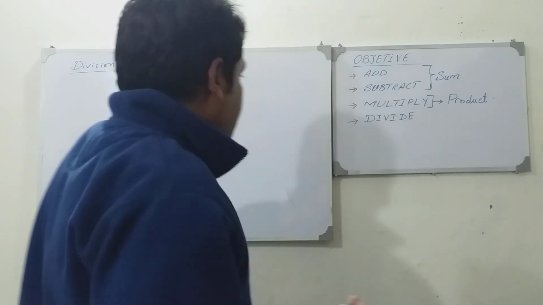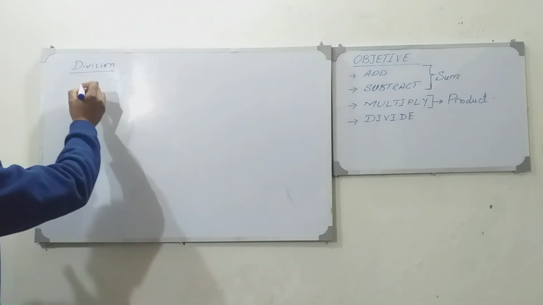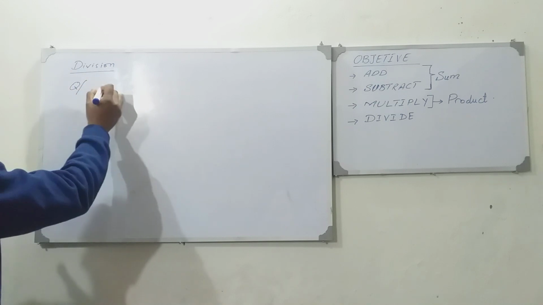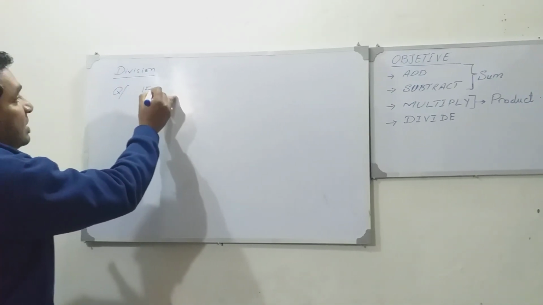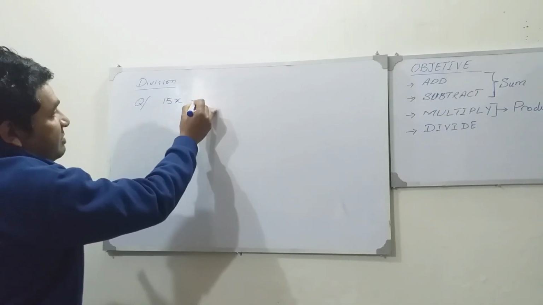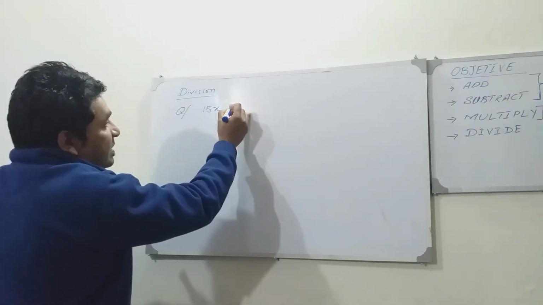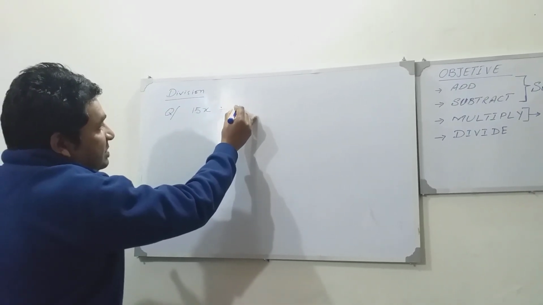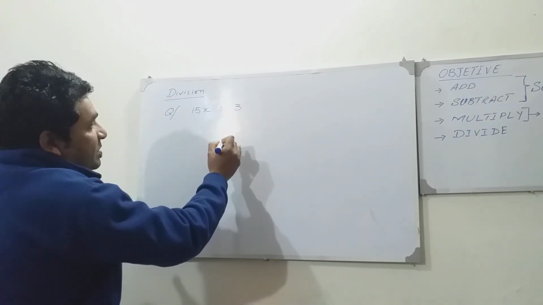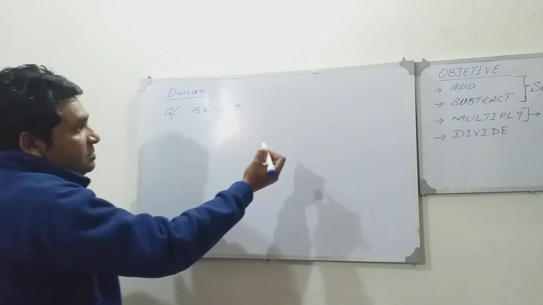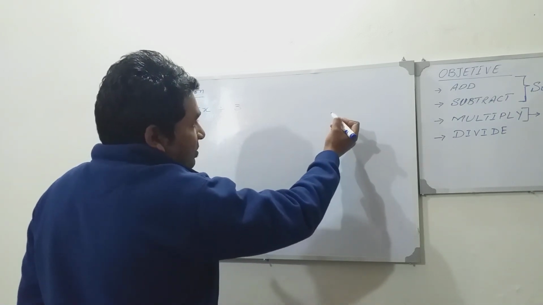For example, if the question is 15x divided by 3, you have to follow the same order.